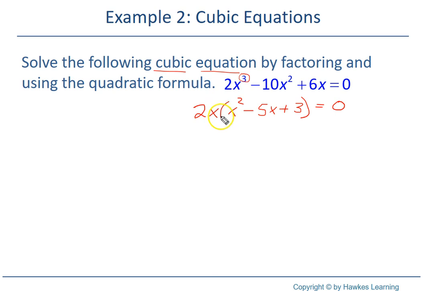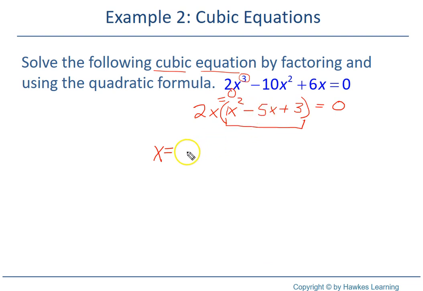Now, a technique we had in the previous section was to say we could equate this to 0 and then theoretically factor this. But this is not factorable. But we already have one of the solutions. One of the solutions is 0. So we can take this part and put it in the quadratic formula. So let's do that. x equals, now our A value is 1, our B value is -5, and our C value is a positive 3.